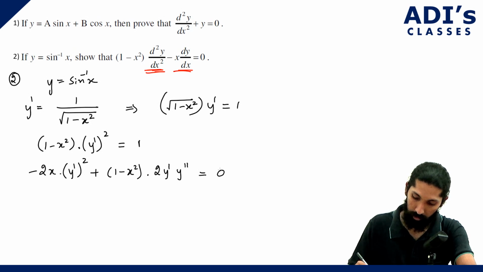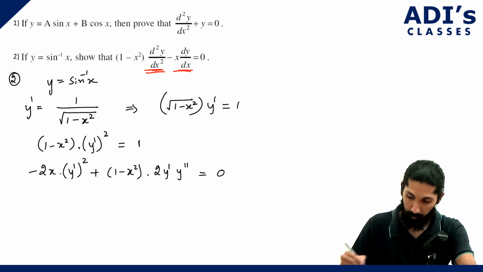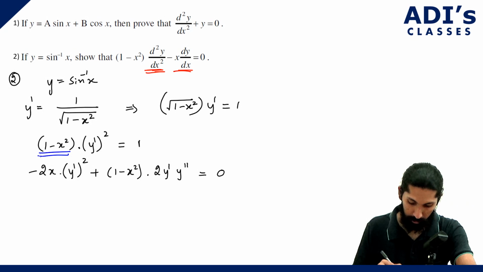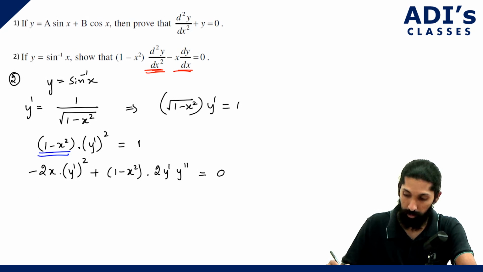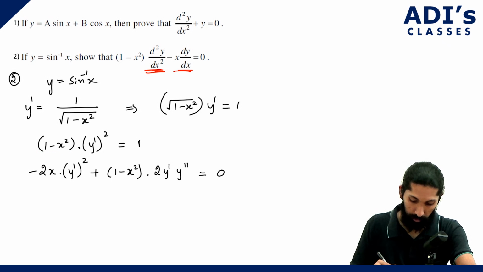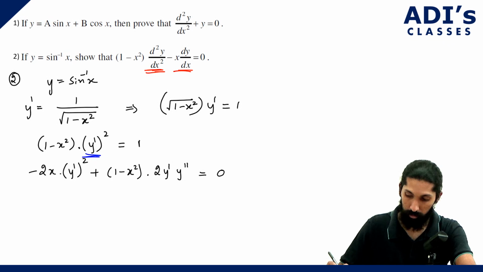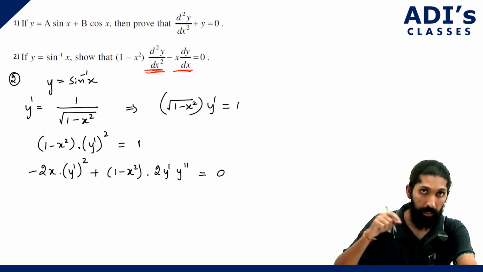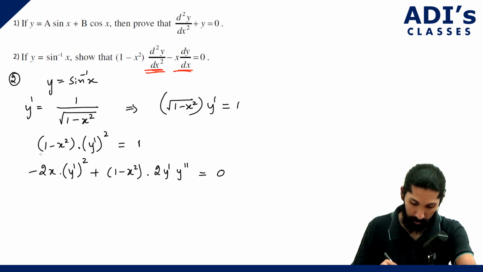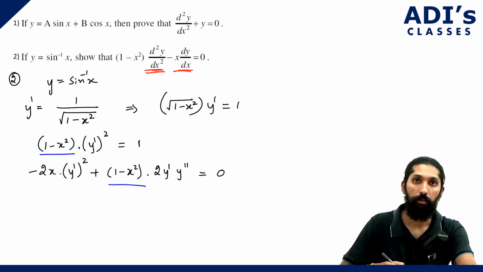This is equal to 0. Now, let me tell you what we have done. First, you differentiate this one. That's minus 2x, because that's going to be 0 minus 2x, right? Then, keep the y dash whole square constant. In the second part, keep the 1 minus x square as it is here, right?